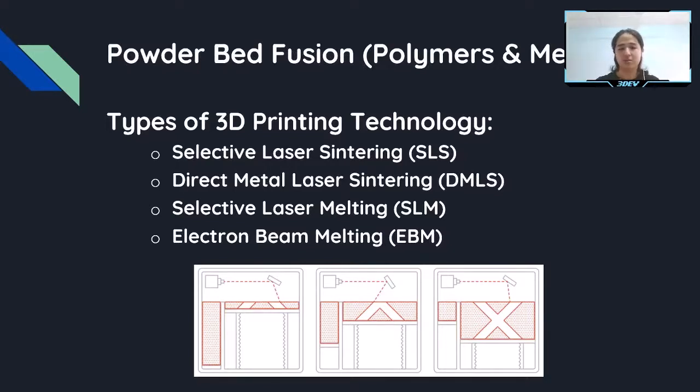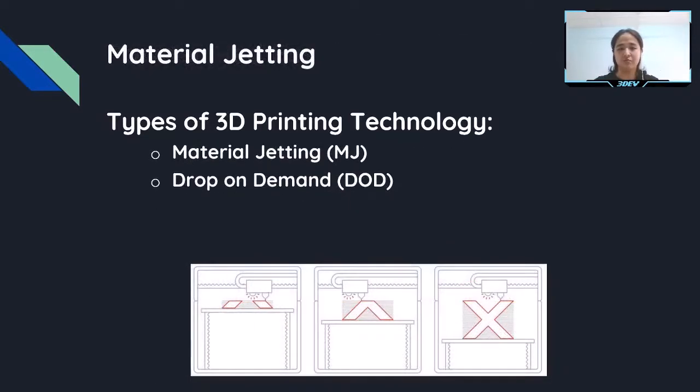Over here you can see we have different types of technology used for this 3D printing method, like SLS, DMLS, SLM, and EBM. The process is based on the image that you can see over here.